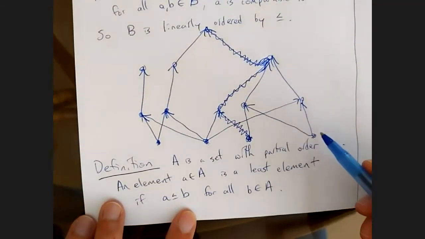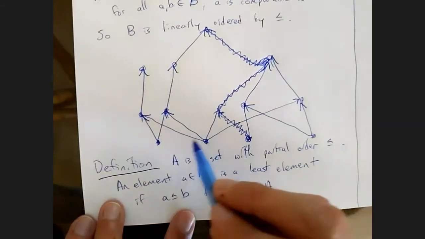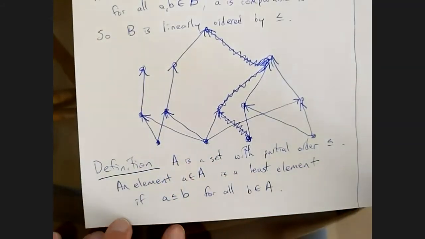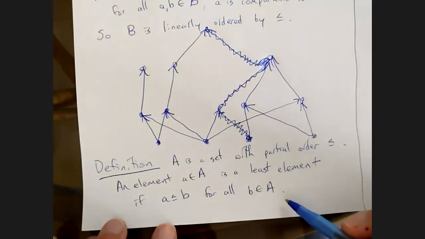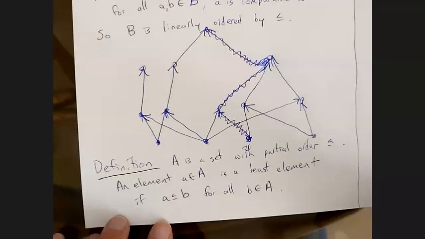And in our example, there was no least element because there's nothing lying below all these bottom ones. So a least element is comparable to everything else and less than or equal to everything else.